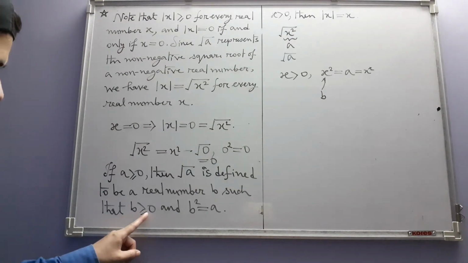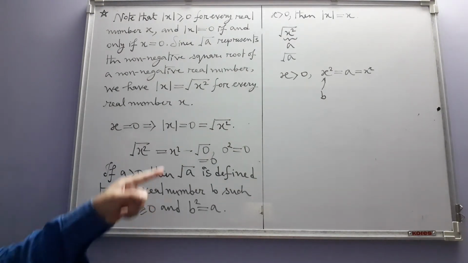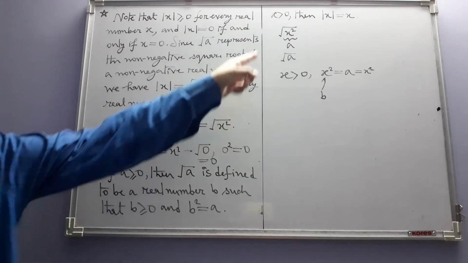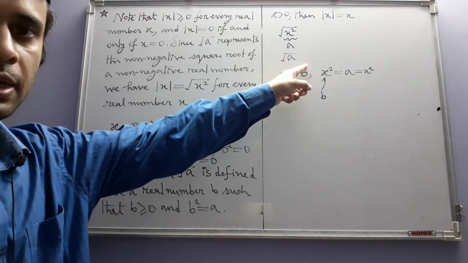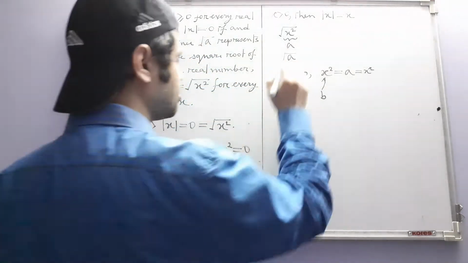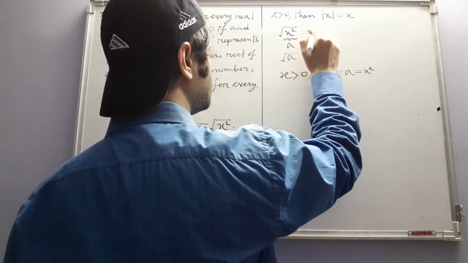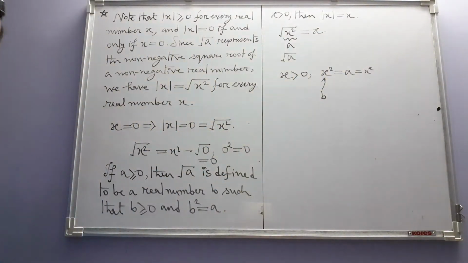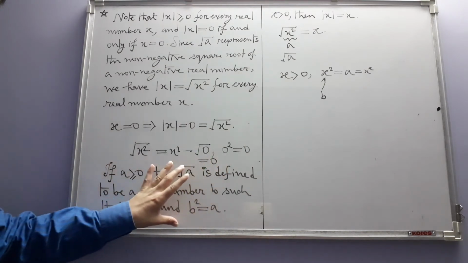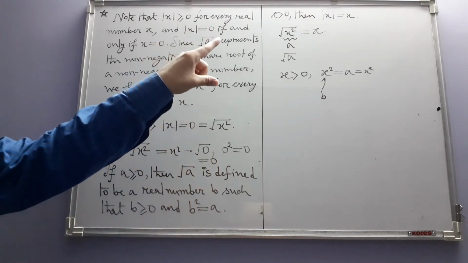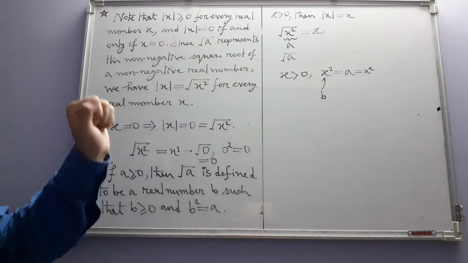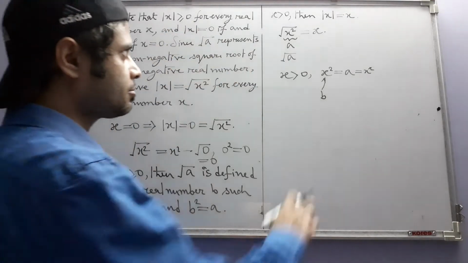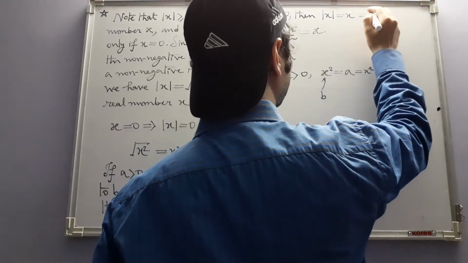Keep in mind that b has to be non-negative. In this case b is positive, b is x, so this is equal to x in this case. According to the definition, when x is positive, square root of x square is equal to x. So again we are having this.